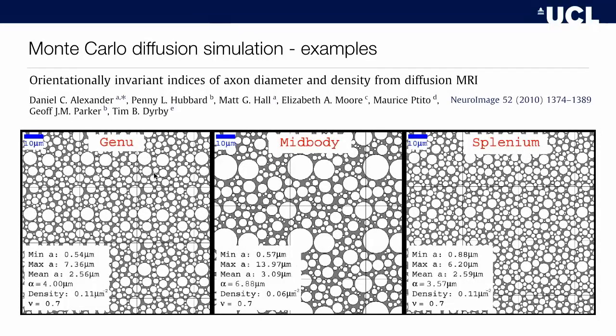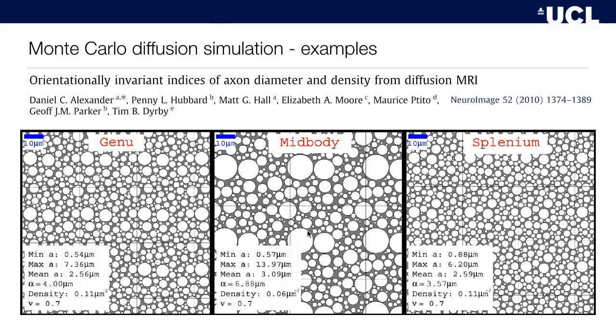You can clearly see the genu and mid-body and splenium are very different. And with Monte Carlo simulation, we can prescribe very flexibly these mimics of the underlying tissue, and then in turn can be applied to test whether the technique proposed here can estimate axon diameter reliably or not.